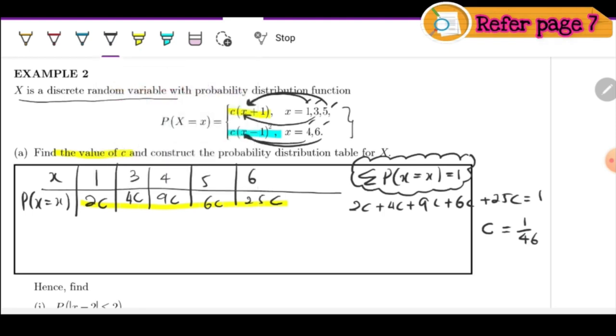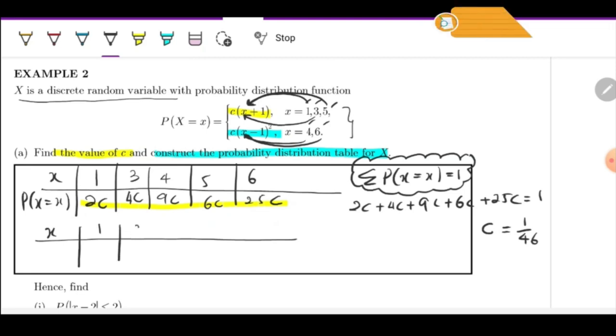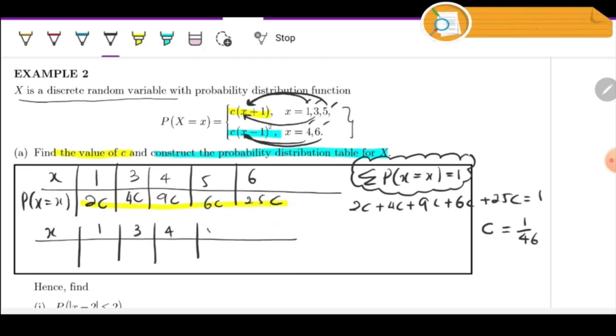Next, you need to construct the probability distribution table for x. So we substitute the value of c into the table. Start from 1, 3, 4, 5, and 6. The second row is for the probability. Substituting c equals 1 over 46, we get 1 over 23.